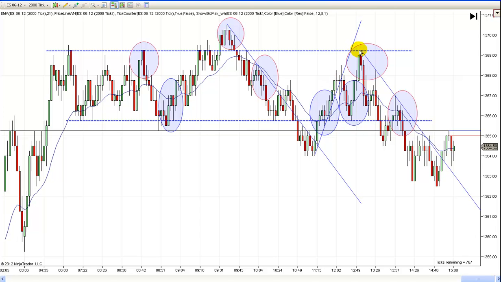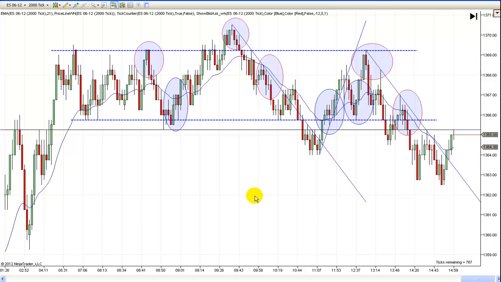Comes back up here, and they finally decide to get long again, and it reverses on them again, and they just get chopped all to pieces. And that's what happens to people that don't understand price action, that don't understand what the market's doing. All it's doing is just ranging between this strong support area here and this strong resistance area.